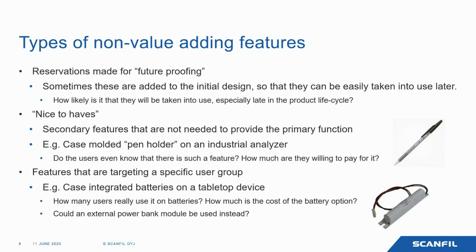And then we have this category, nice to haves. These are secondary features that do not provide the primary function of the product.